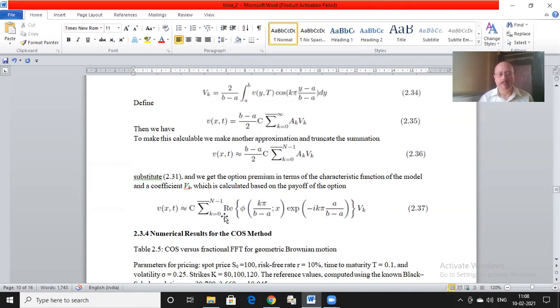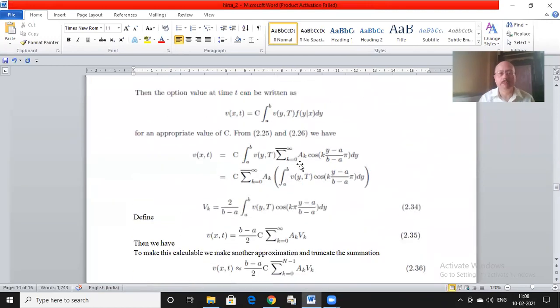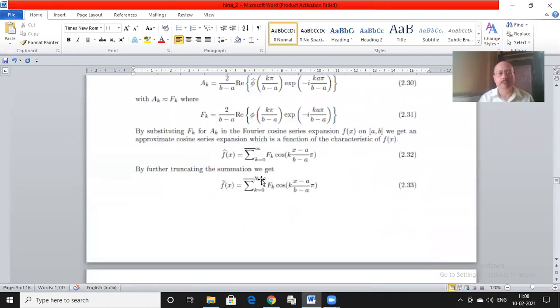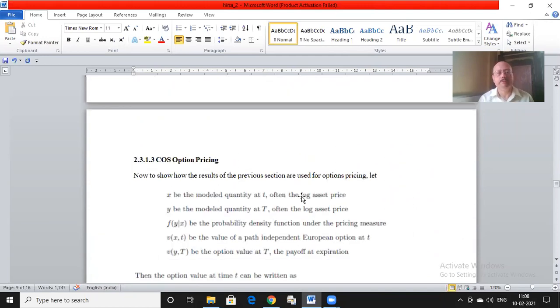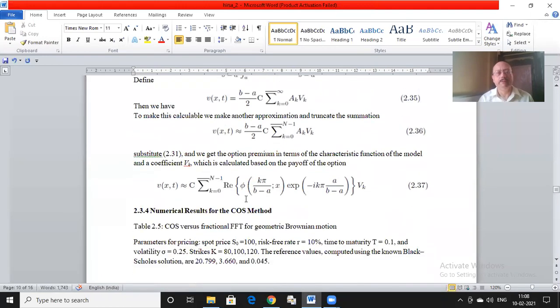Vxt is this summation, real part of phi e to the power minus ik pi etc. times Vk. So this Ak, as I said, we did that approximation using the real part here, this 233. That expression we put back inside the option price expression.